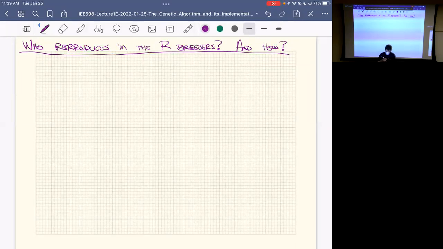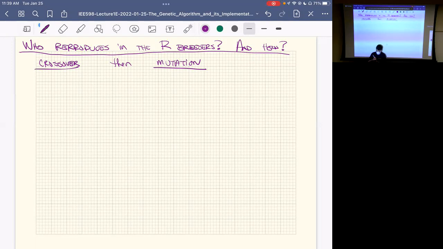So we do crossover, then mutation. We're going to use very conventional versions of crossover and mutation for a simple GA, but of course there are variants of these.